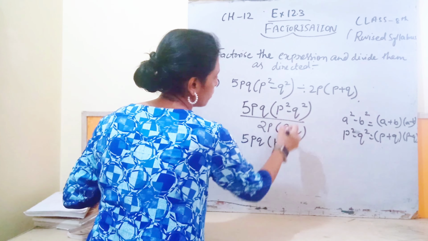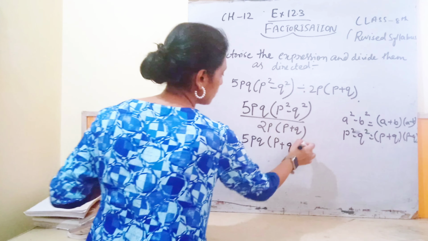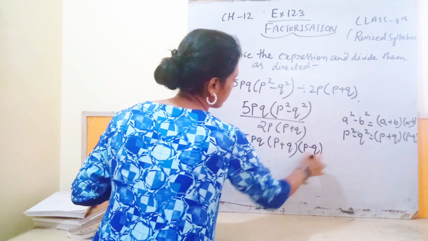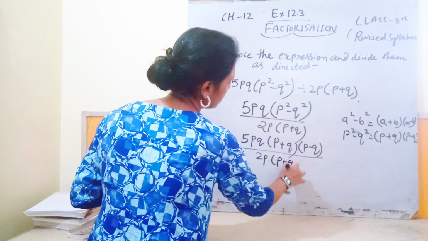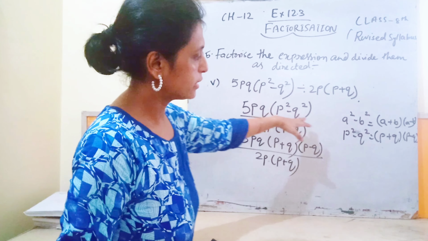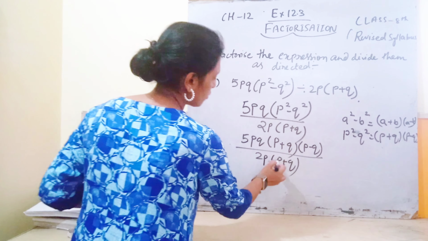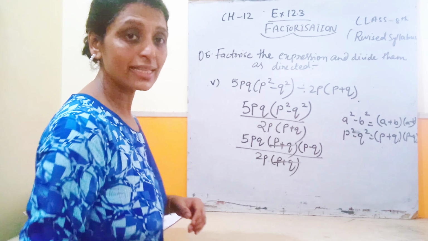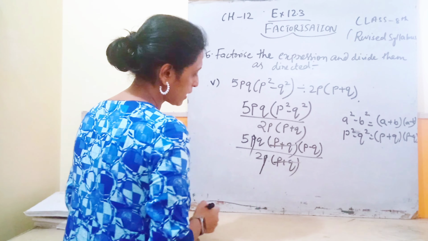So in place of p square minus q square, we will write its expanded form, p plus q, p minus q, upon 2p. We have applied the identity a square minus b square, that gives a plus b, a minus b. Now this p plus q and this p plus q get cancelled, and this p will get cancelled.